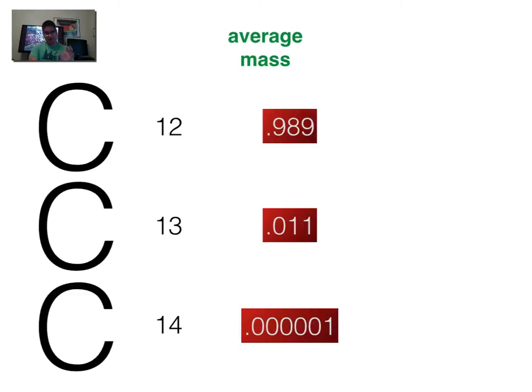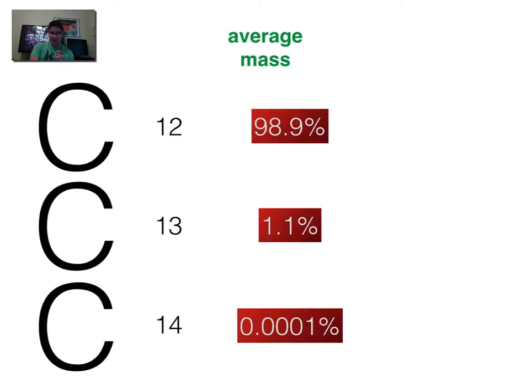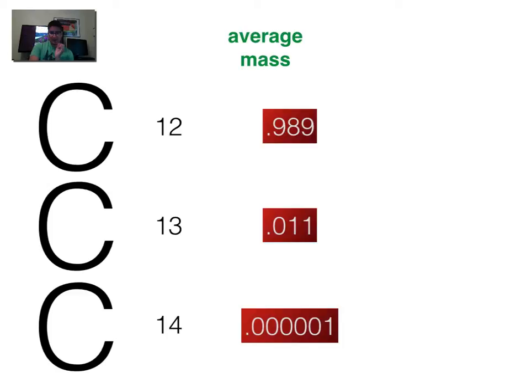I'm going to multiply carbon 12 by the decimal form of 98.9%, which is 0.989, and I'll end up getting 11.868.